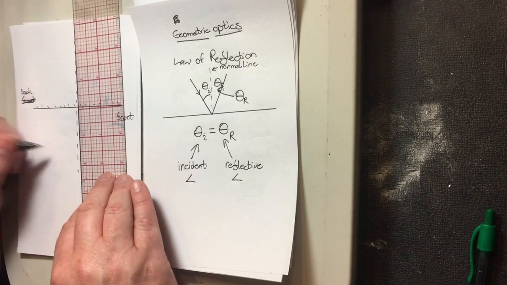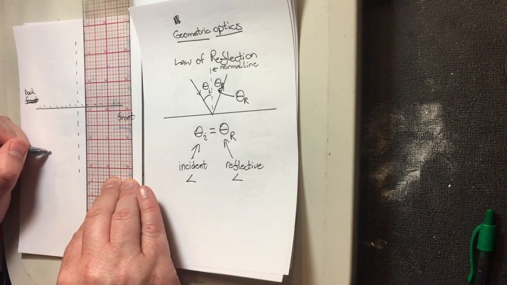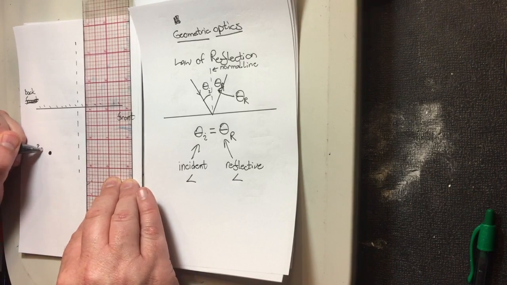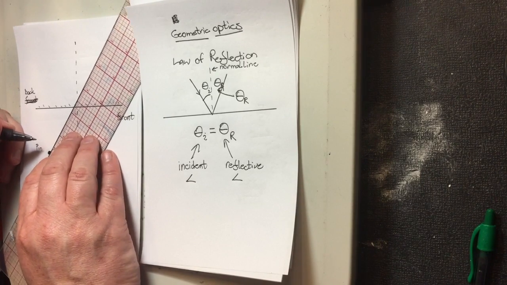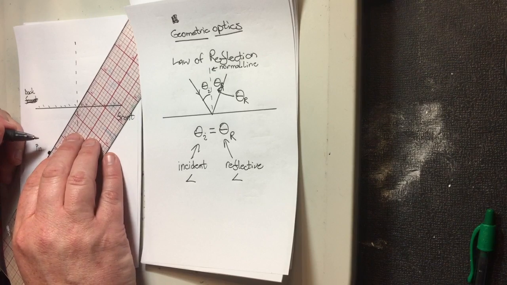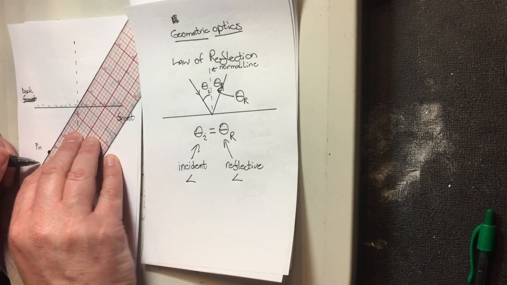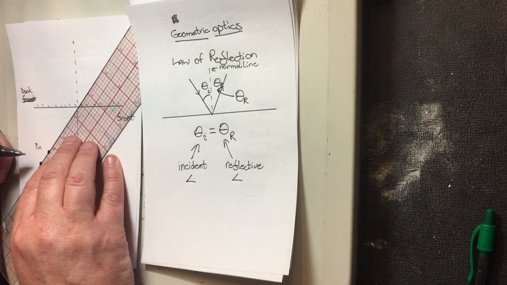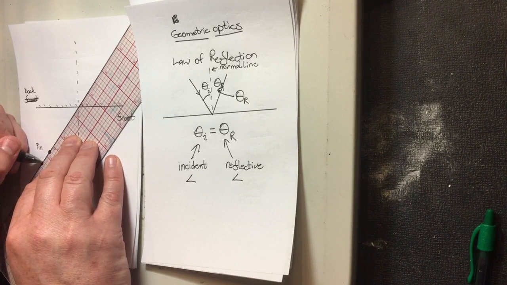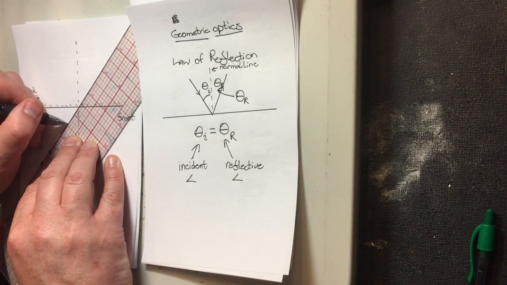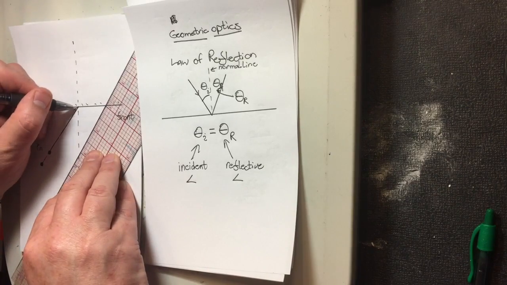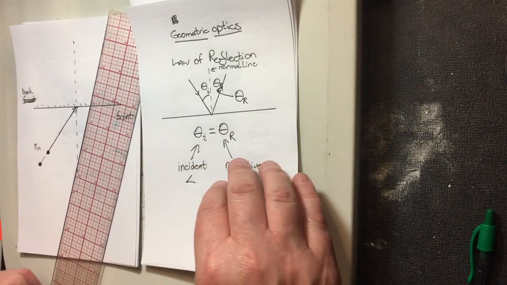Well, that's the normal for one. But if you put something like a pin here, and actually I'm going to put a second pin here. The light coming from these pins hits the mirror and reflects.